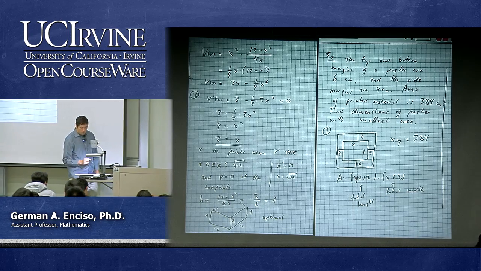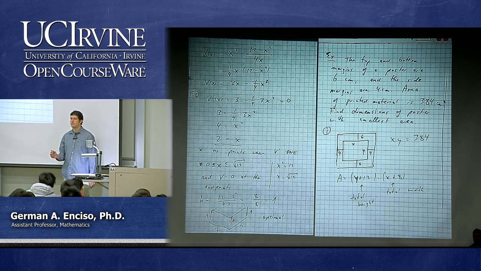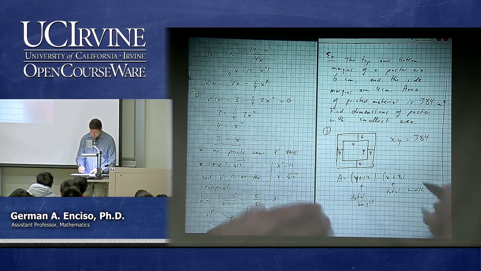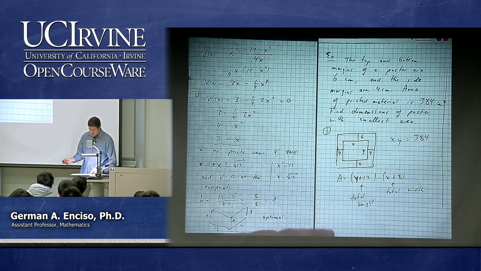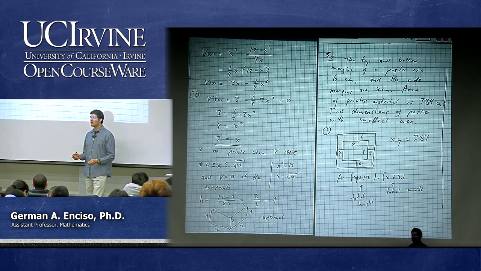Great. But on the other hand, we know that X times Y is equal to 384. That means that if we wanted to write this as a function of just X and not Y, what can we do?